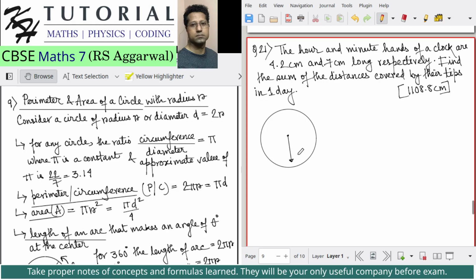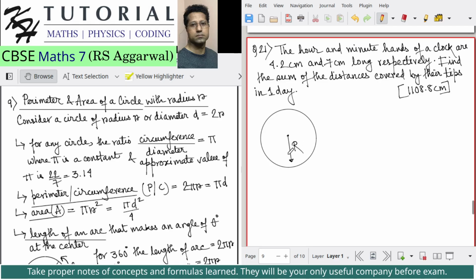The hour hand moves as time passes by, and when it moves, the distance it travels is like the circumference of a circle whose radius is the length of the hour hand. Since the hour hand is bigger than the minute hand, I am denoting the length of the hour hand as capital R.